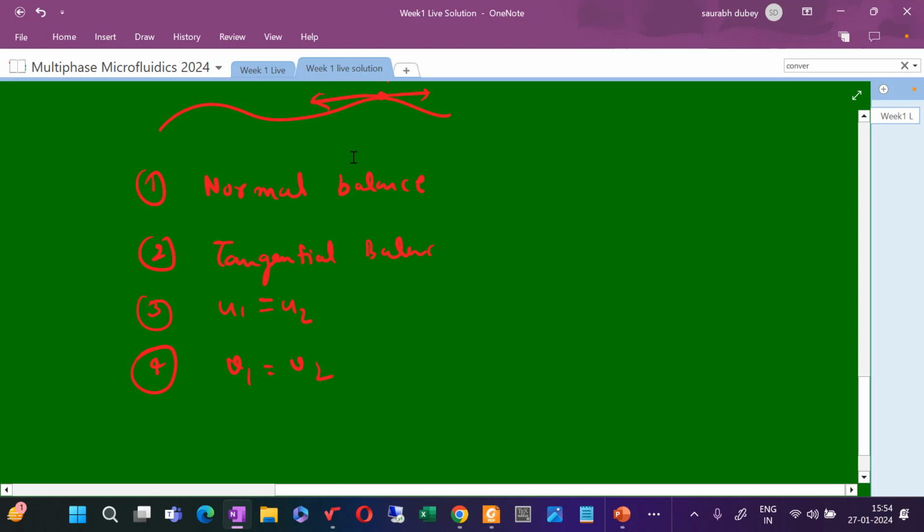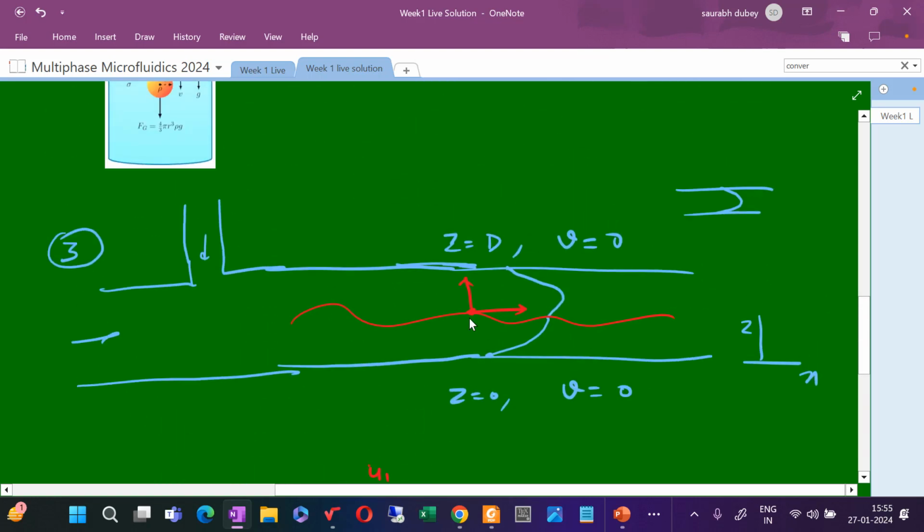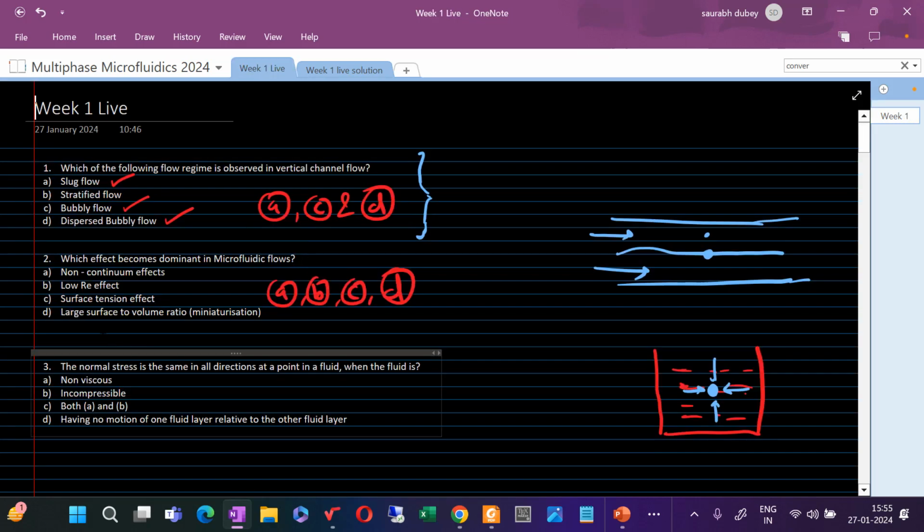These four boundary conditions will be there at the interface between the two fluids, and this is the point where there is a chance of imbalance in the normal balance. So in this question, the normal stress is the same in all directions at a point in a fluid when the fluid is having no motion.